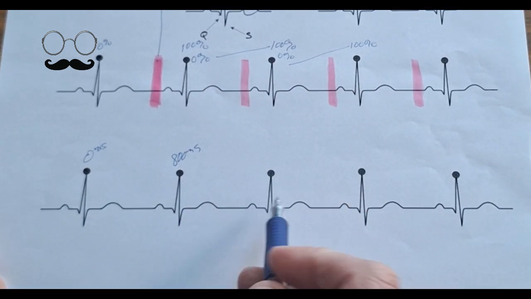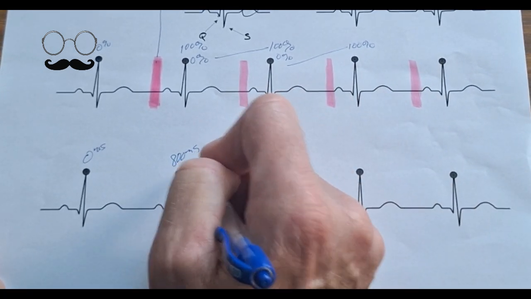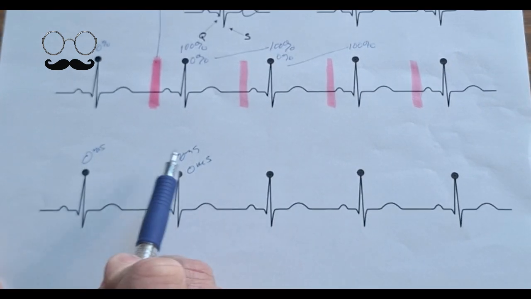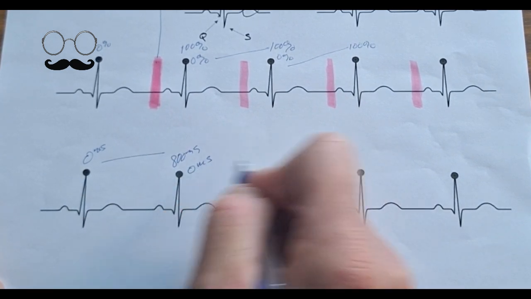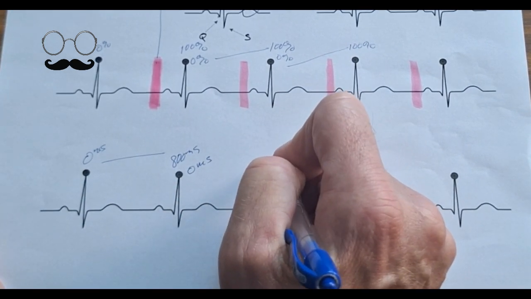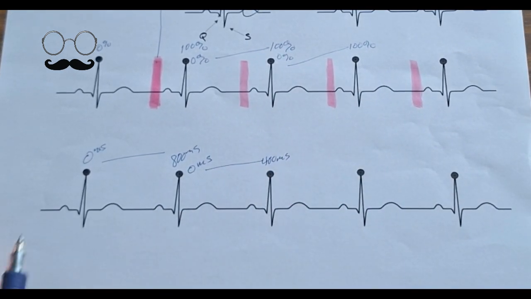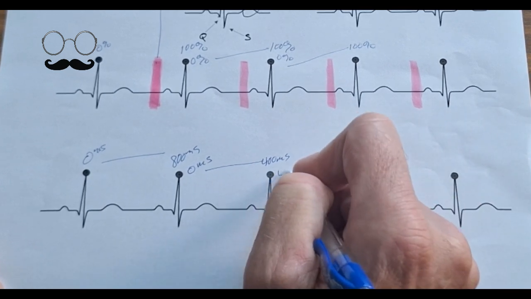The next beat, if it were shorter here, and again this starts over, just like it does with percentage, each beat starts, ends, starts, ends, could be 400 milliseconds, depending on how fast the beats change. Then this next one could be like 1200 milliseconds.